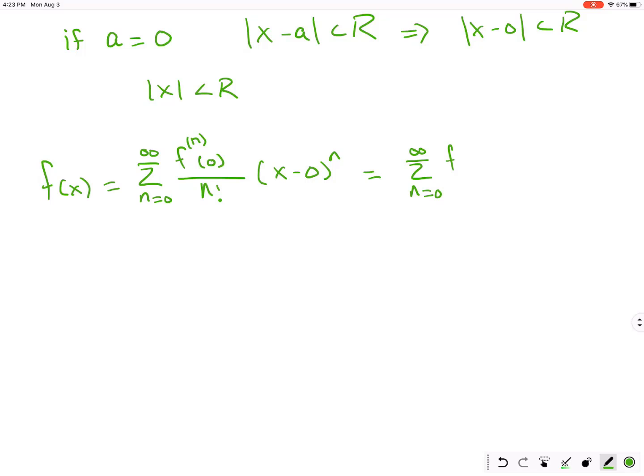And so that simplifies to the summation as n equals 0 to infinity of f, take the nth derivative, evaluate it at 0, over n factorial times x raised to the n. And this particular case has a special name, and that is the Maclaurin series, named after the mathematician Maclaurin.